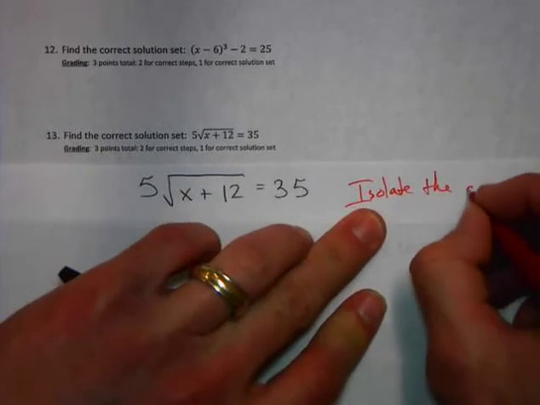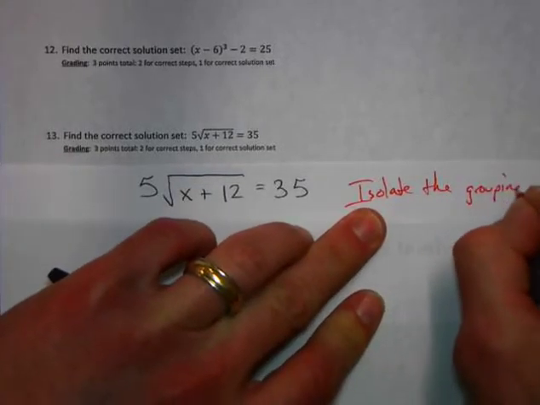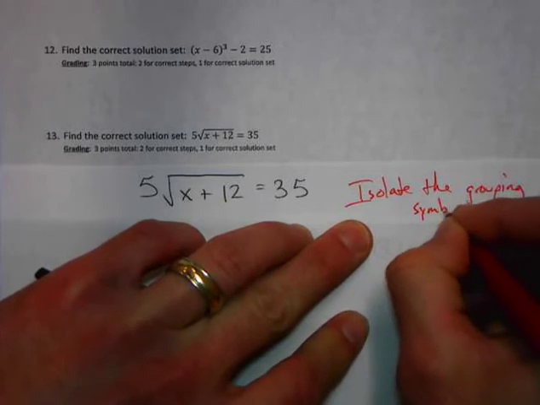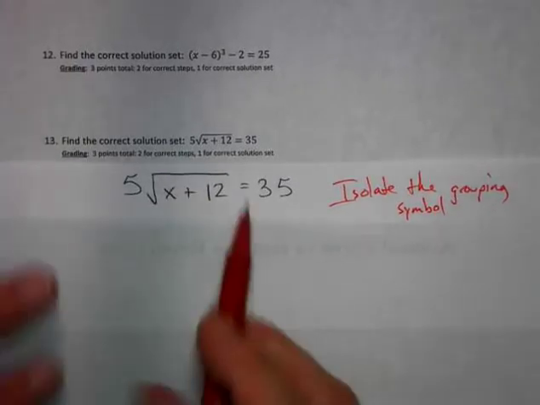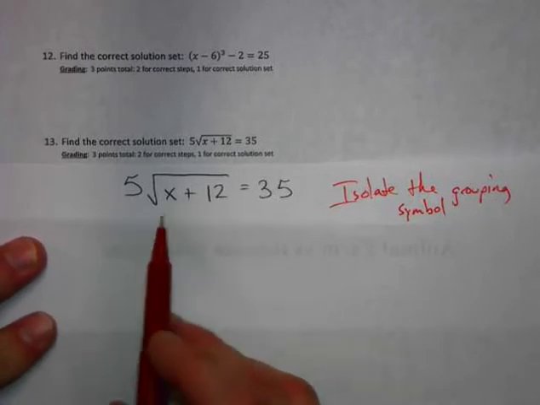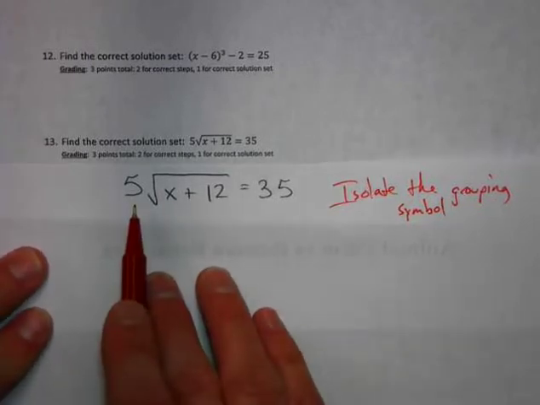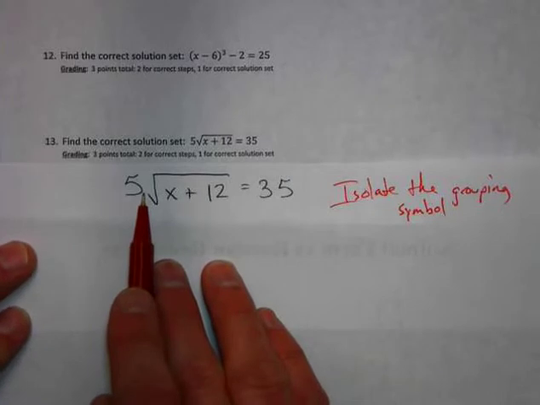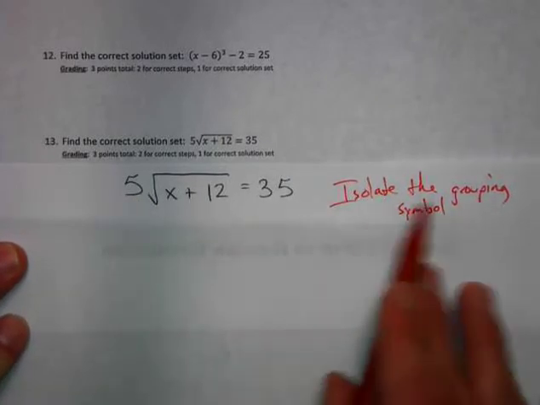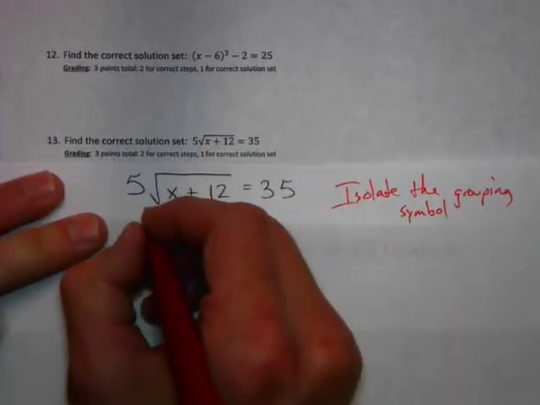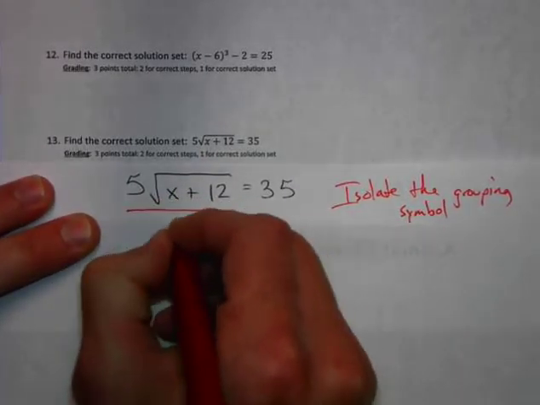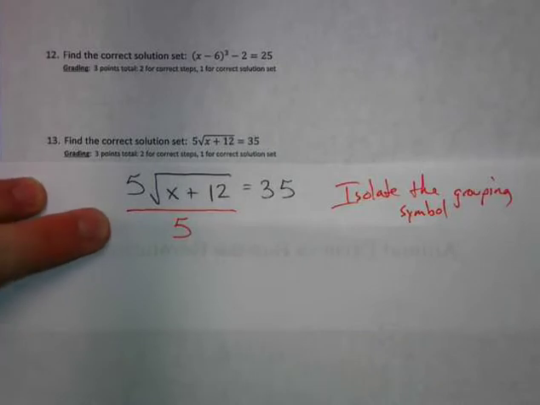That's the first step. So what's happening with this grouping symbol? If we see our grouping symbol is here, the square root, what's happening to it? There's a 5 out there. What's that 5 doing? The 5 is multiplying. So if we're going to isolate the grouping symbol, we're going to undo that 5. And we undo multiplication with division. So we're going to divide both sides by 5.